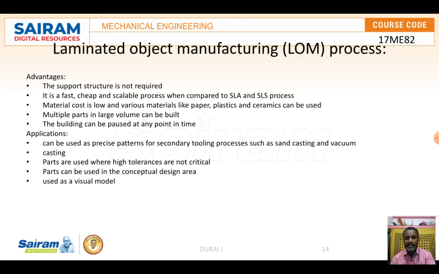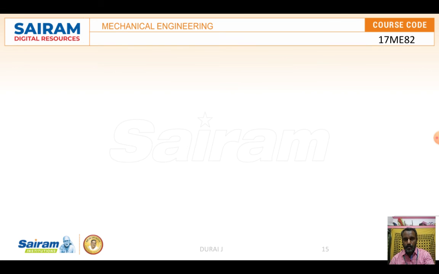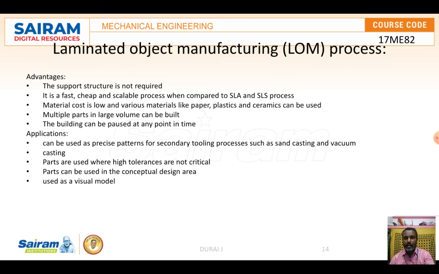Then the applications: it can be used for patterns, secondary tooling processes and casting processes. Parts are used where high tolerances are not critical, and can be used in conceptual and design areas and for visualization. So this is about the laminated object manufacturing process.